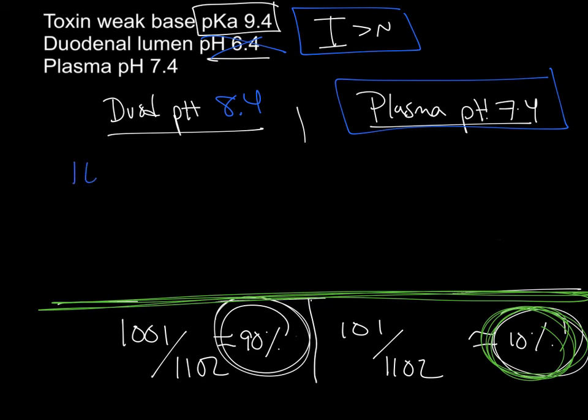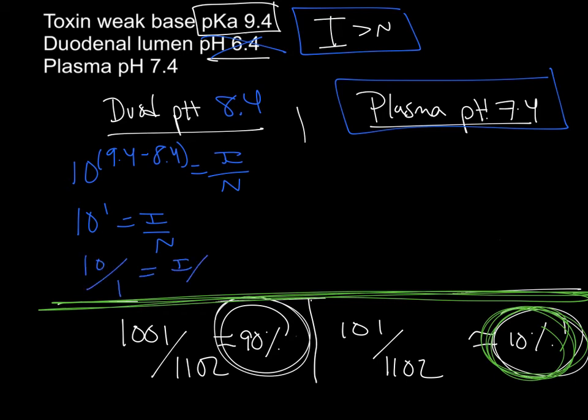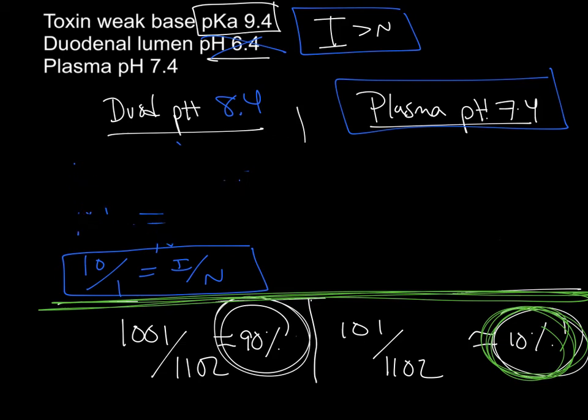But now if we do our 10 to the 9.4 minus 8.4 equals I over n, we're going to have 10 to the 1 equals I over n, 10 over 1 equals I over n. So now we're just dealing with a different proportion of the I to n. And on this side of the equation, the pH didn't change in the plasma, so we still have 100 to 1 equals I over n.